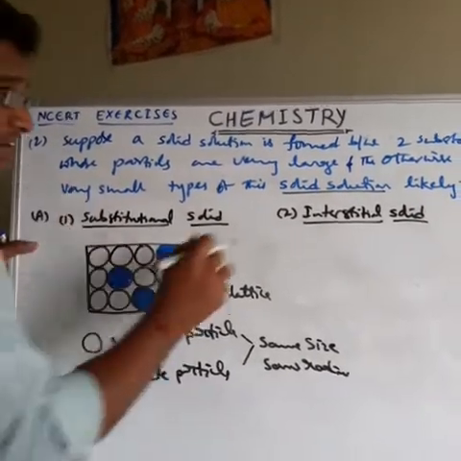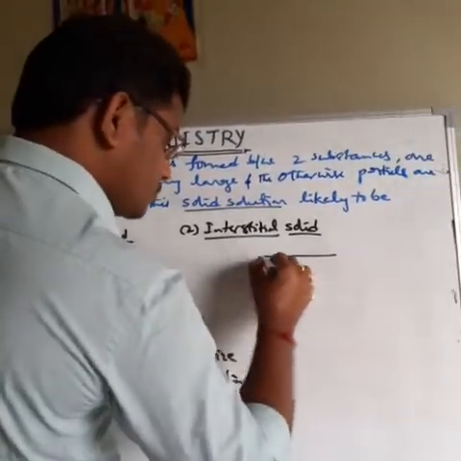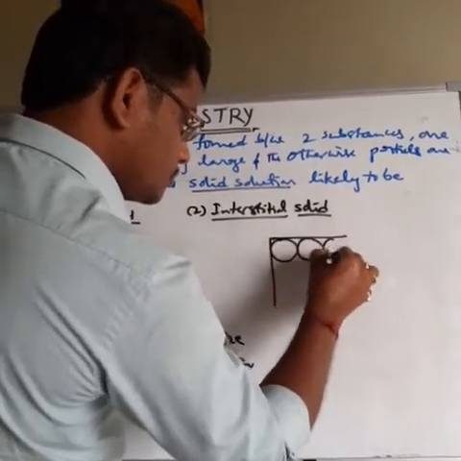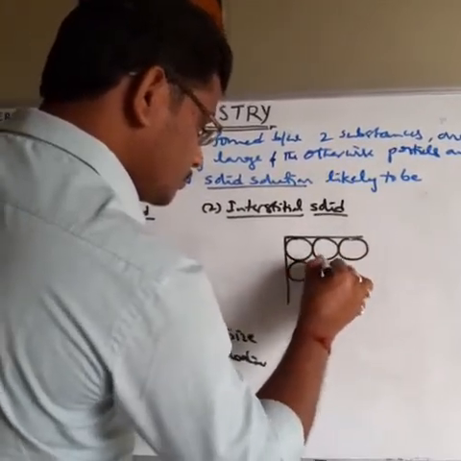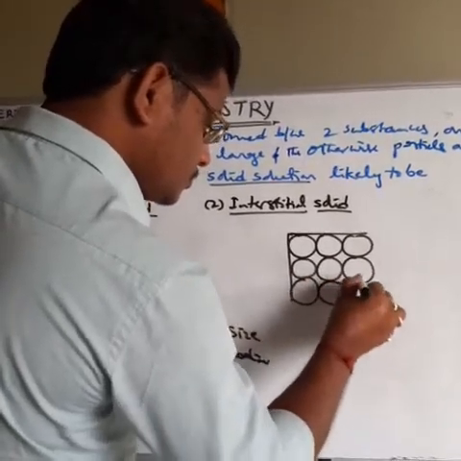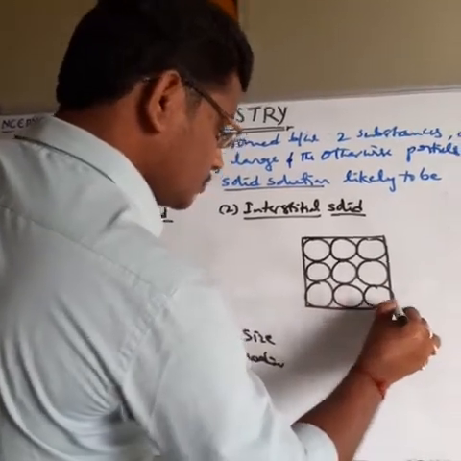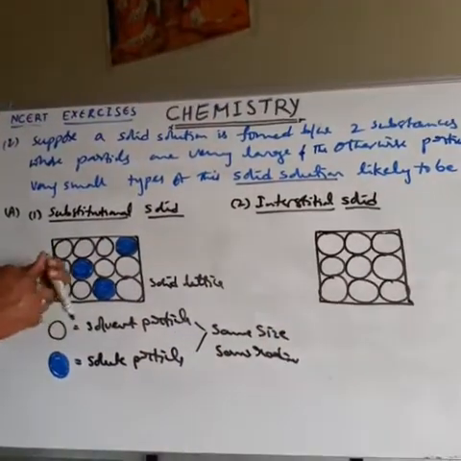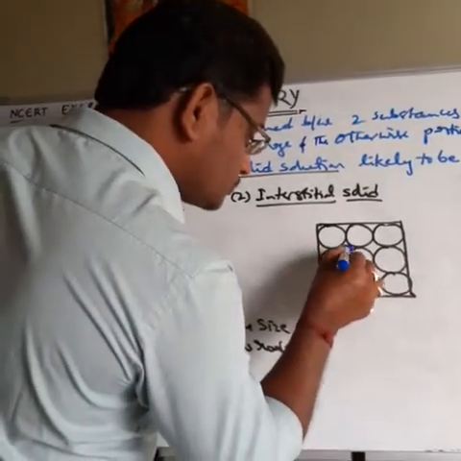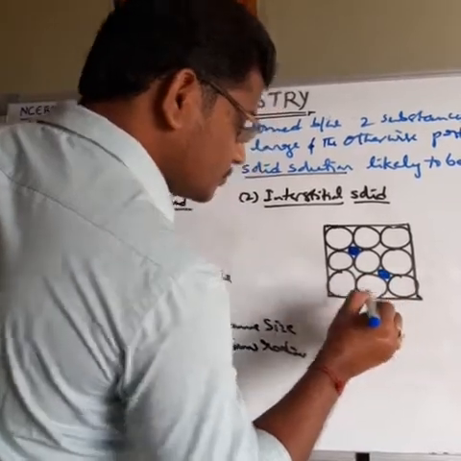Then the second one is interstitial solids. Interstitial solids means this one. So this is the interstitial solids, in which solute particles occupy the interstitial sites.